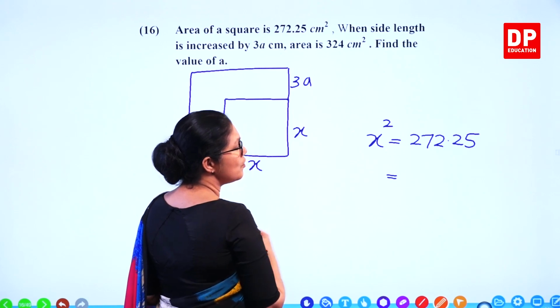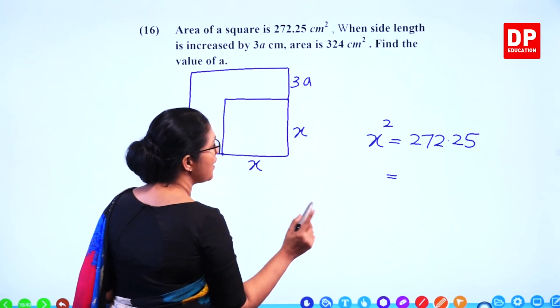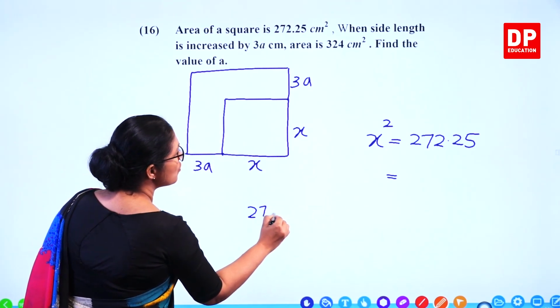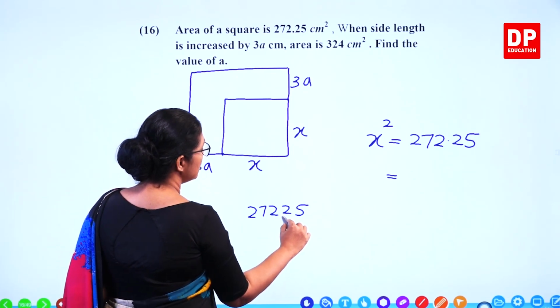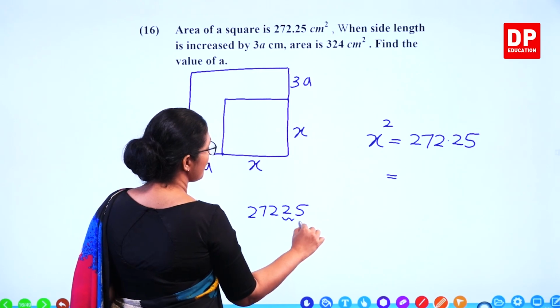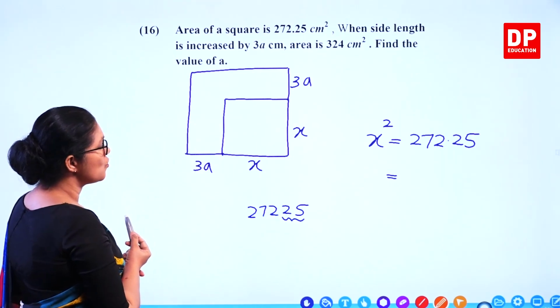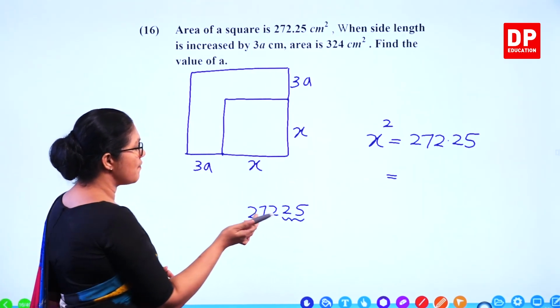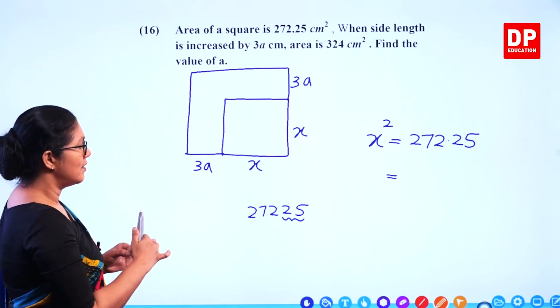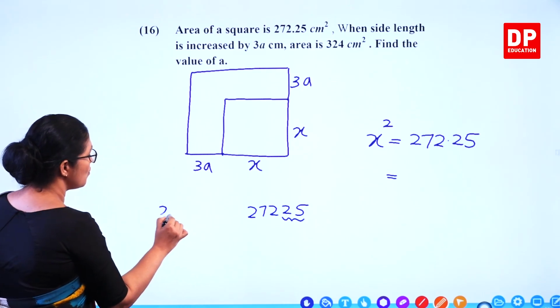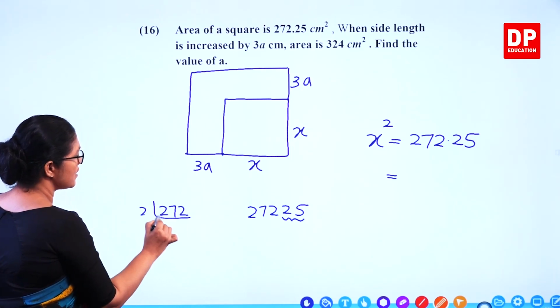So do you know the trick to find out the square number? 27225. So here, this 25 is there. So 272 is any number multiplied by the next number. So 272, what are the factors?